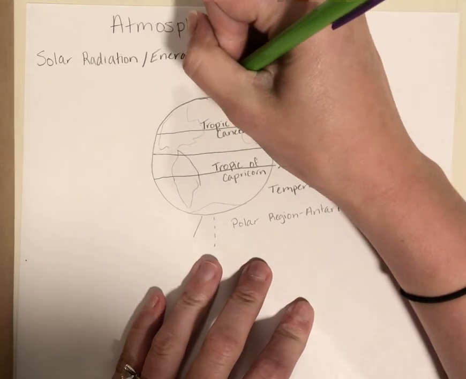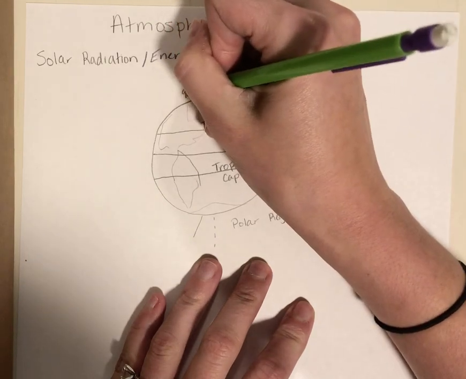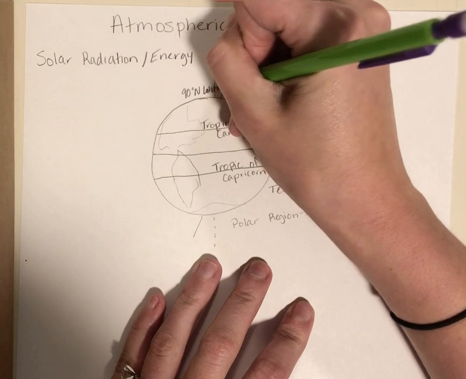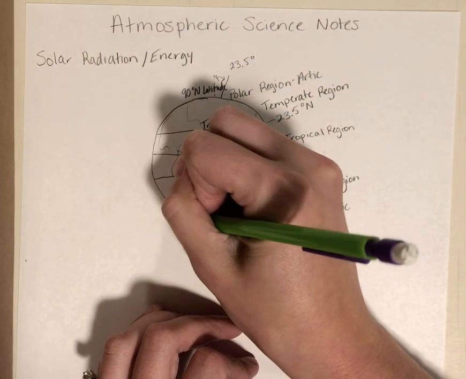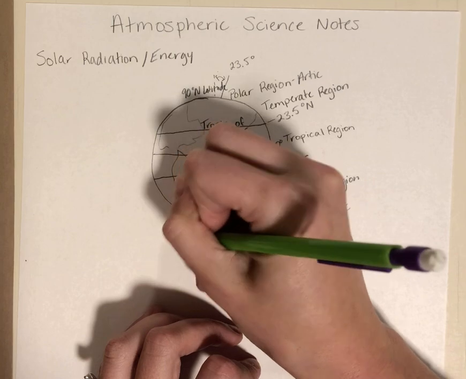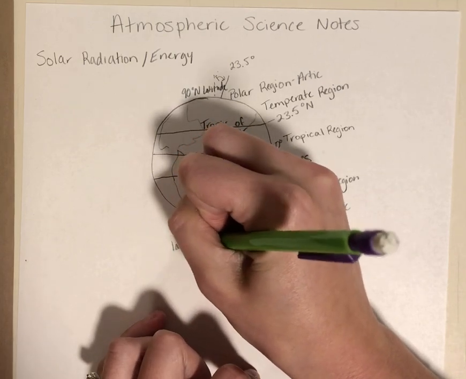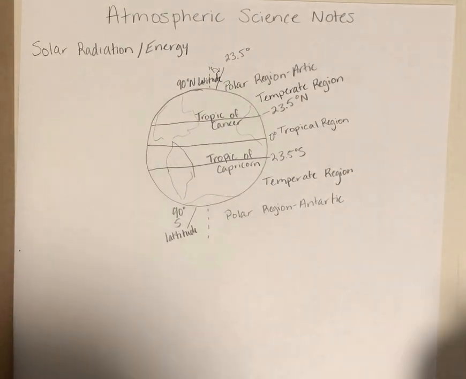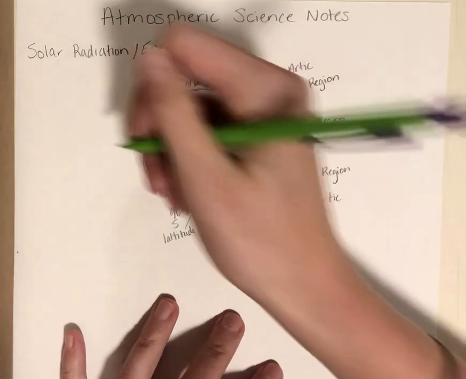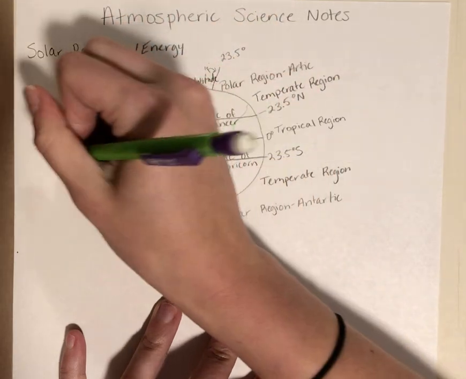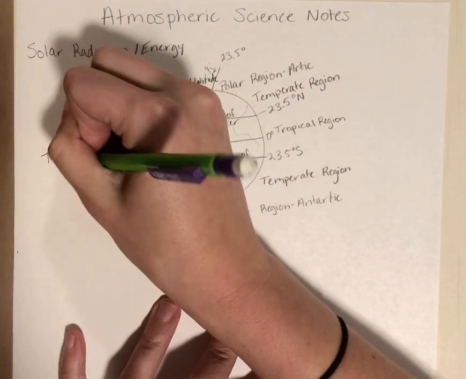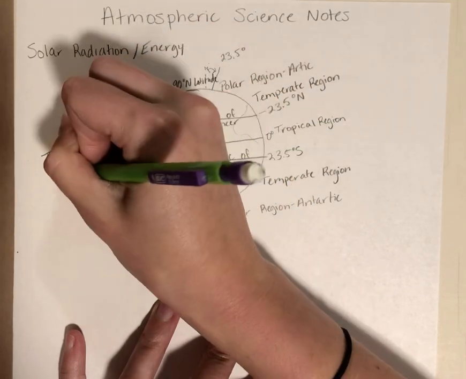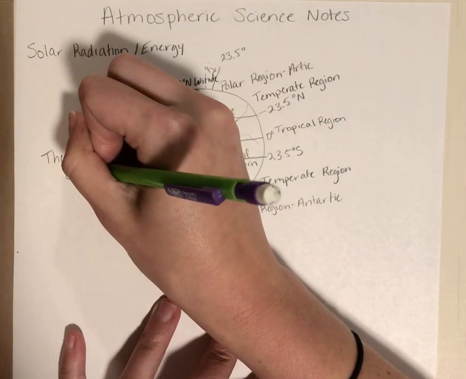Alright, so up here is where we are at 90 degrees north latitude, and down here is 90 degrees south latitude. Okay. So obviously we know the equator is 0 degrees latitude.